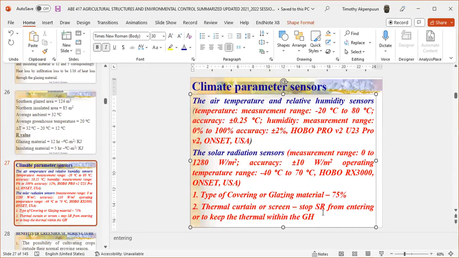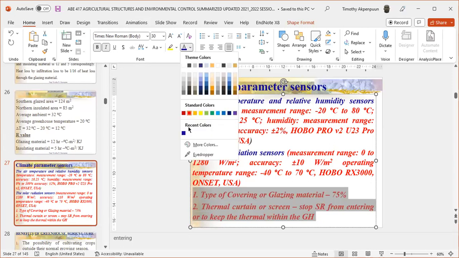Either you use your thermal screen to do what? To keep out solar radiation from entering the greenhouse, or to keep in the heat energy, the thermal energy that has been trapped in the greenhouse. And when do you need to?